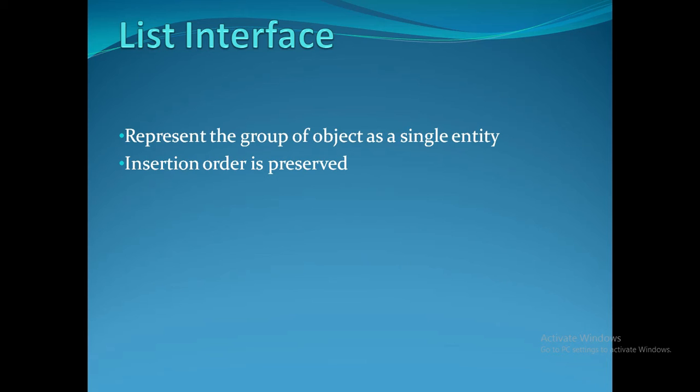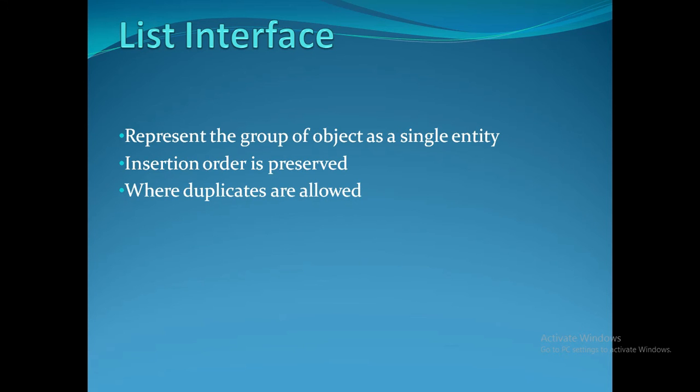The insertion order must be preserved. It means whenever I retrieve these elements one by one, I should get them in the order in which we have inserted them. Suppose I have inserted C1, C2, C3, C4, C5. When I retrieve, I will get C1, C2, C3, C4 like that only. That means the insertion order will be preserved.